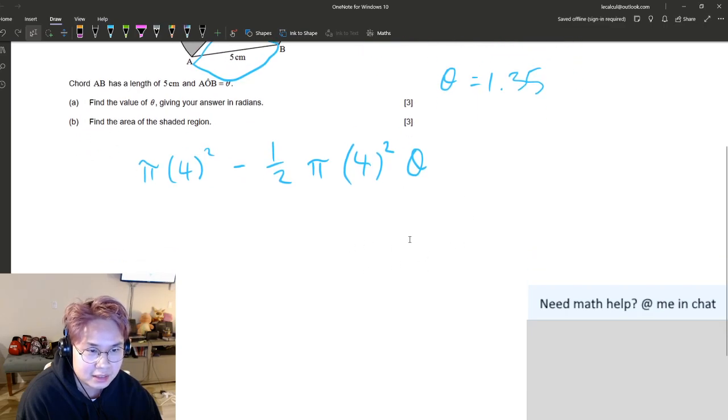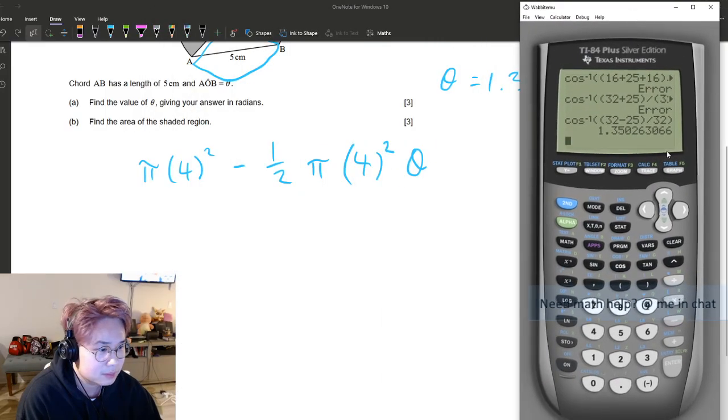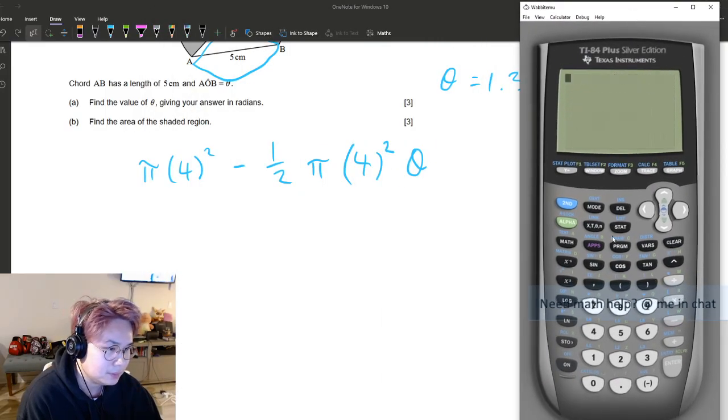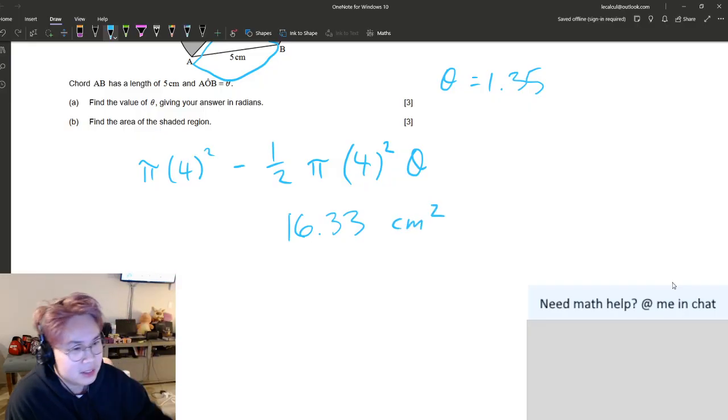Okay, let's put this into a calculator again, and we're done our first question. Times 16 times 1.35. There you go. So 16.33 centimeters squared.